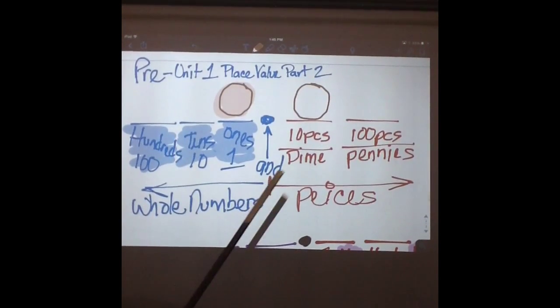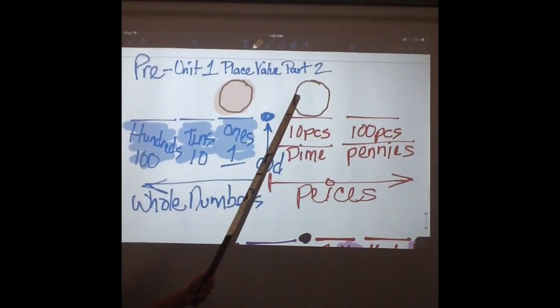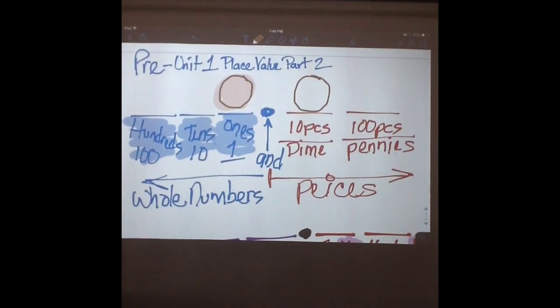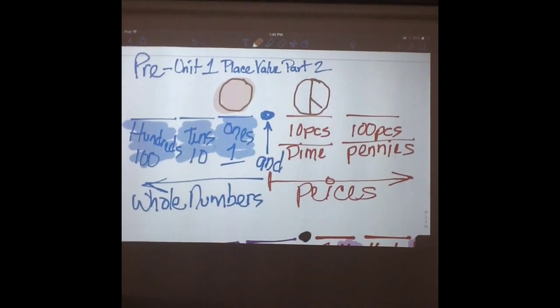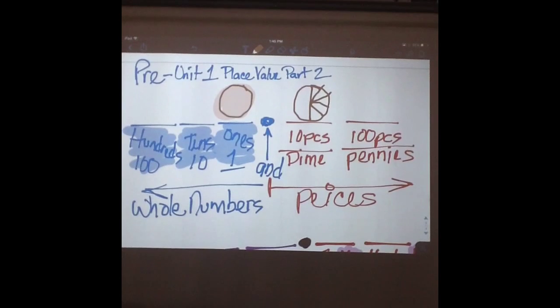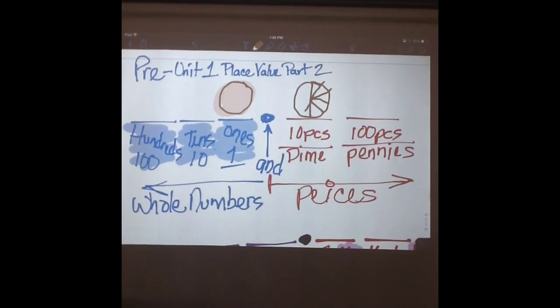Yes. So if I open the box, this would have to be cut up into 10 pieces, right? Yes. Okay, so I'm going to have 1, 2, 3, 4, 5, right? There's 5 pieces there, right? 1, 2, 3, 4, 5.